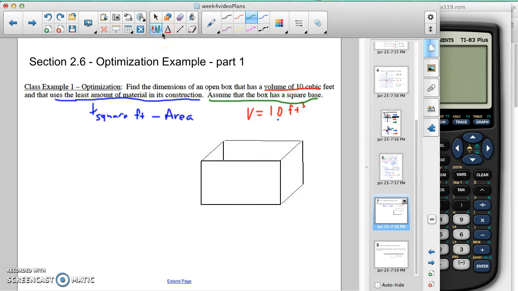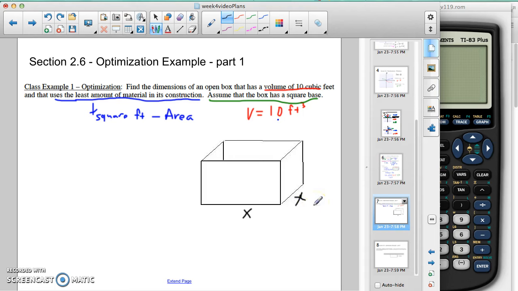So I'm going to go down here and label some of the dimensions because we're going to have to write a formula. The second important thing here is to write a formula or a relationship for this optimization, but we need to have some variables or unknown quantities written down. It has a square base, so the sides on the bottom are going to be the same. I don't know what they are, but they're the same, so I can write x for both of those sides.